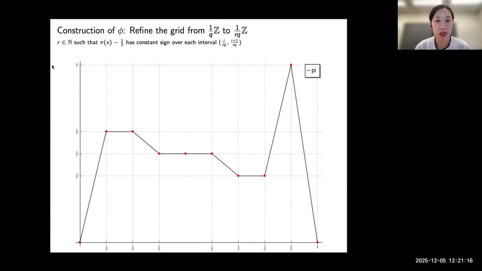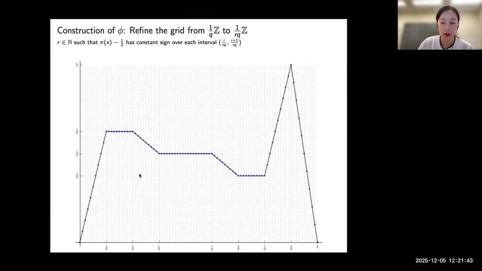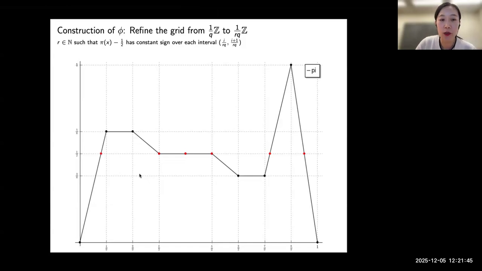It has breakpoints in 1/Q Z. This is the first grid, 1/Q Z. We now look at where the function pi takes value 1/2. These are the points we want to make into a refined grid. Here we refine the grid from 1/9 by an oversampling factor of 10, so 1/90. The first thing is to ensure the 1/2 value lies on the grid.